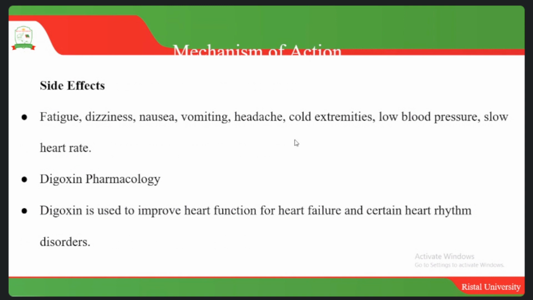The common drug also used is digoxin, which is commonly given to patients with a heart condition. But this drug is not an easy drug because it can affect the heart more, or it can stop the functioning of the heart. So digoxin is used to improve heart function for heart failure and to control heart rhythm disorders.